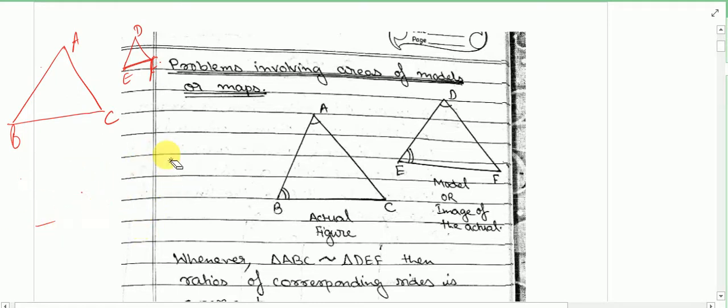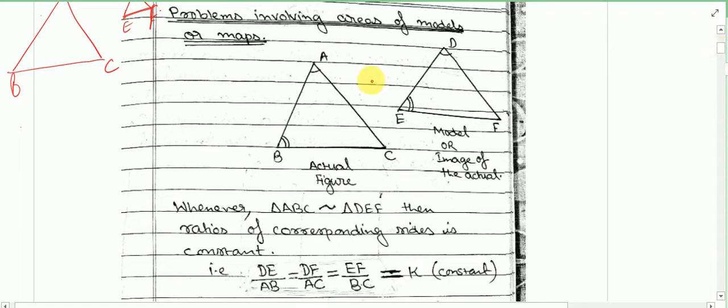So for this you will write, give the heading, problems involving areas of models or maps, and you will draw triangle ABC and triangle DEF. This you will write as actual figure, this you will write as model or image of the actual figure, okay. Now we know that when two triangles are similar, then the ratio of corresponding sides is constant, okay.